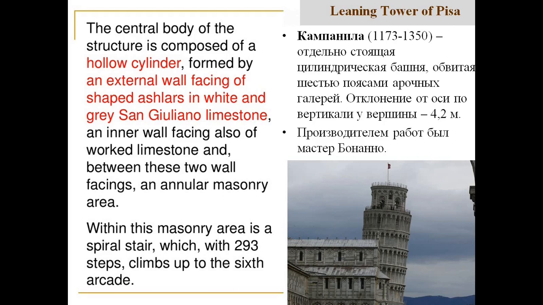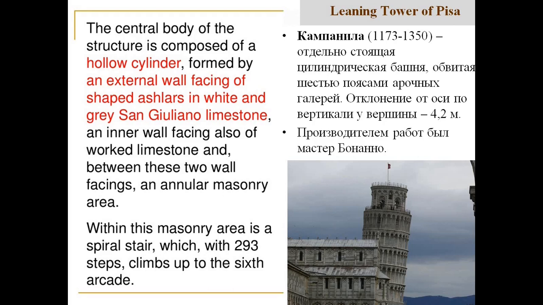It is a separately standing structure that is covered from all sides by several rows of semicircular arcade galleries. It has some axial deviation, exactly 4 and 2 meters. The author of the work was Master Bonanno.